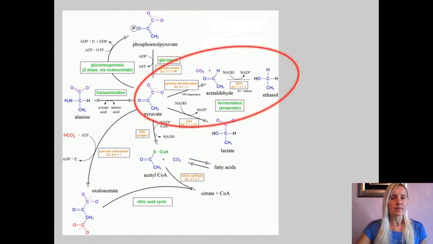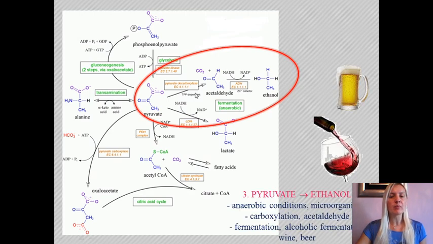Let's move on. This is one very interesting reaction. Conversion of pyruvate to ethanol, to alcohol, which occurs in anaerobic conditions. It can occur in human cells, and also it occurs normally in microorganisms. It is the reaction of decarboxylation of pyruvate by pyruvate decarboxylase to get acetaldehyde.